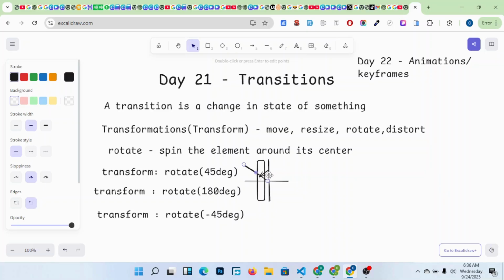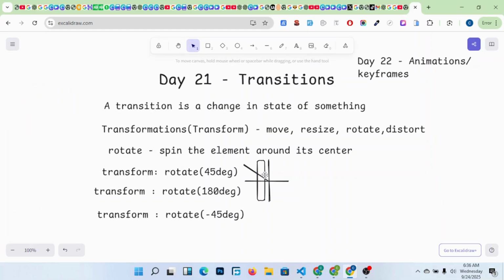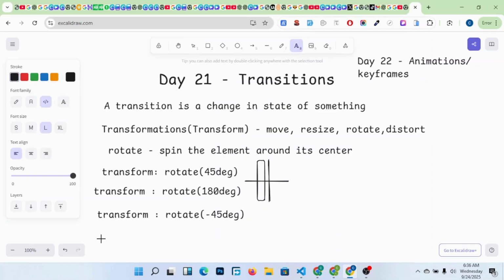So if I come here and say transform, rotate, then I say negative 180 degrees.